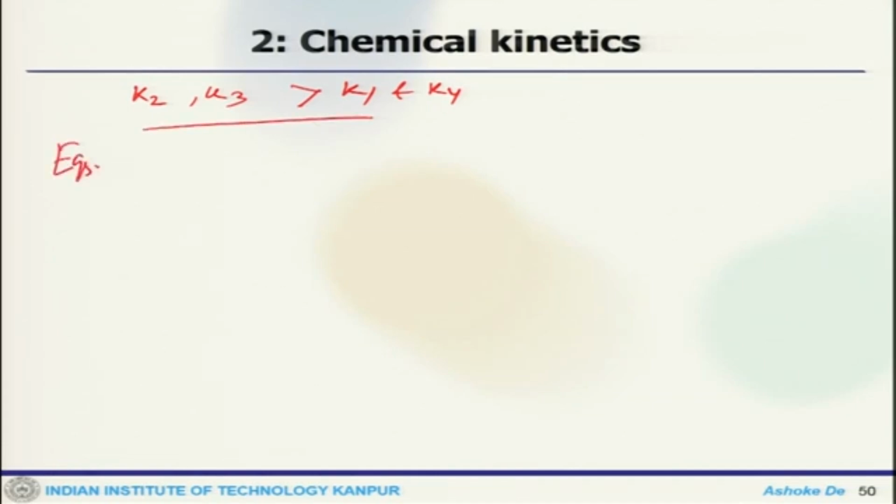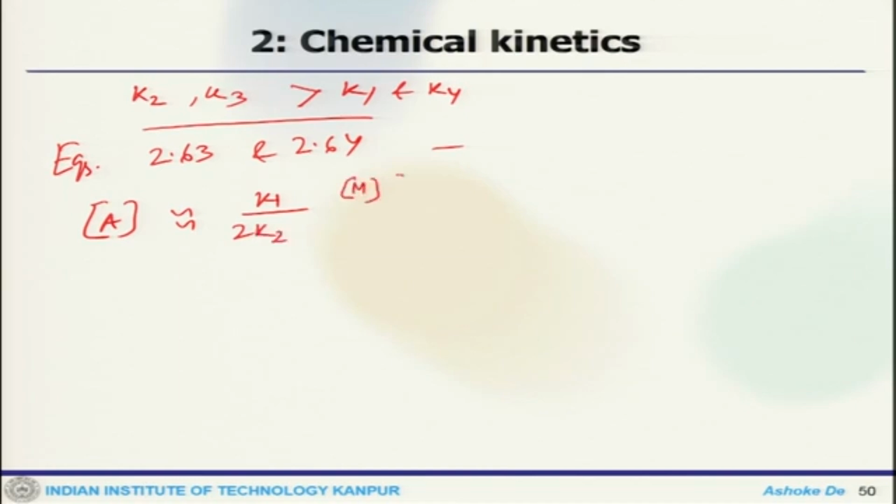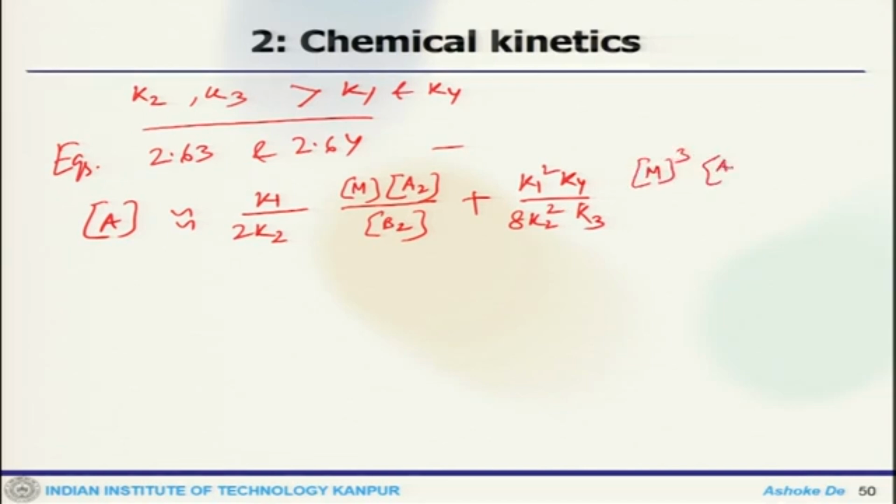Then from equations 2.63 and 2.64, one can approximate that A is K1 by 2 K2 M A2 by B2 plus K1 square K4 by 8 K2 square K3 M3 A2 by B2 square.